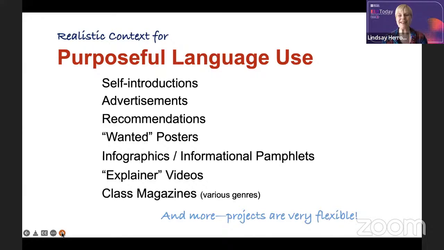Projects are really very flexible. Pretty much think about your target language that you're teaching, that you want students to practice, and then what do they use it for in real life? That's your project right there.